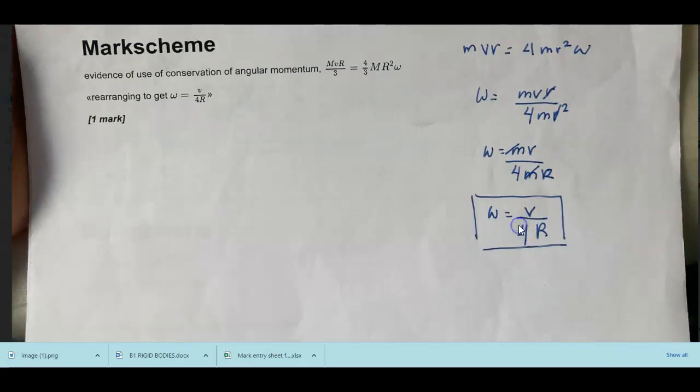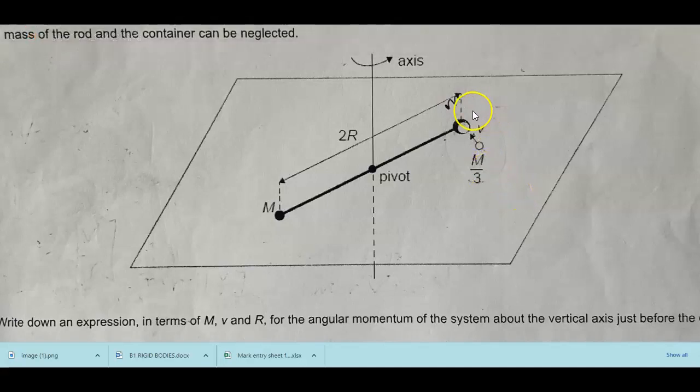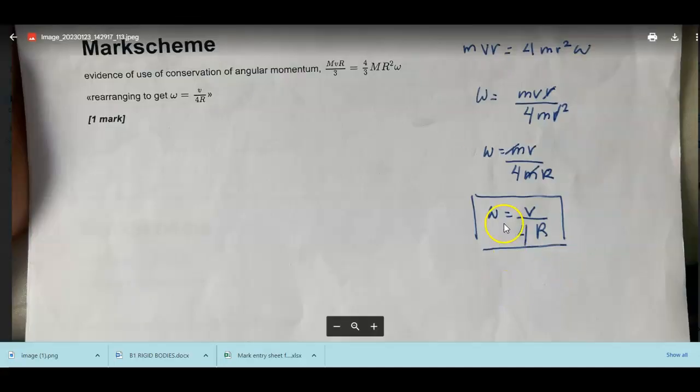Therefore, we arrive at the conclusion that your omega is equal to v over 4r. In other words, the angular speed is equal to v over 4r.